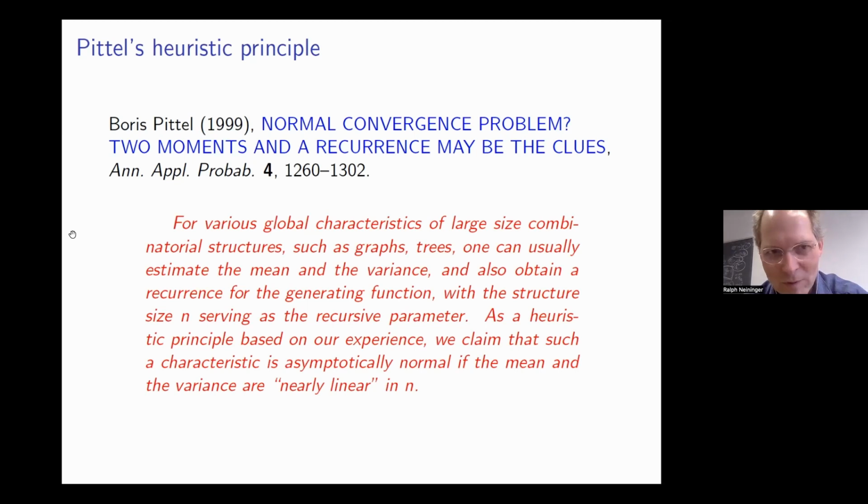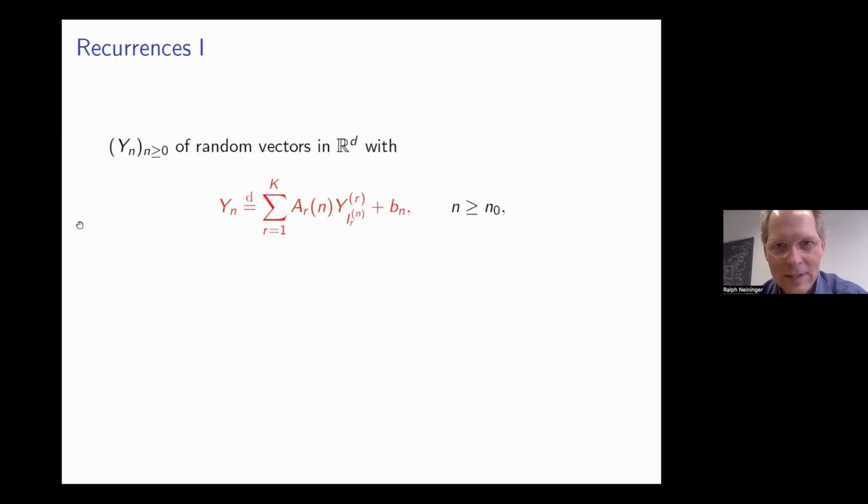And I'm pretty sure most of you had experiences with limiting theorems where you had linear mean, near linear variance, and it was asymptotically normal. And we studied this sort of heuristic long ago with Rüschendorf.